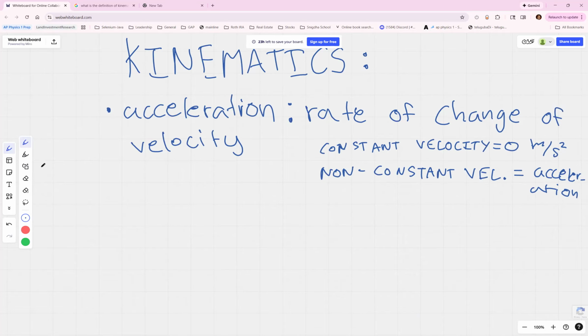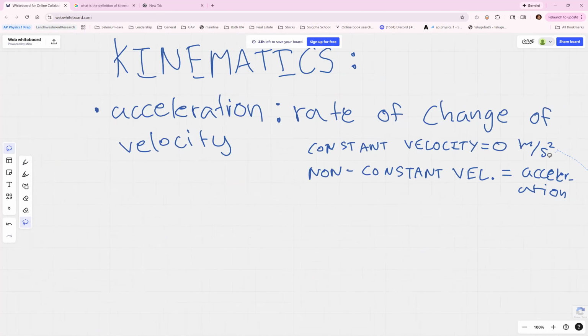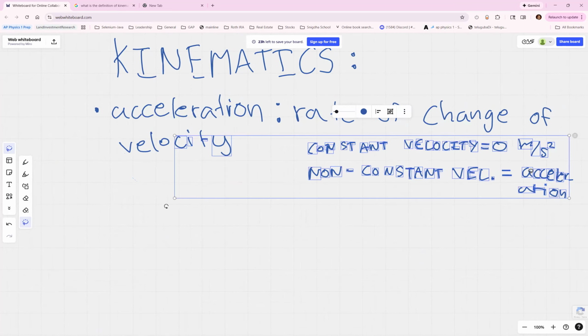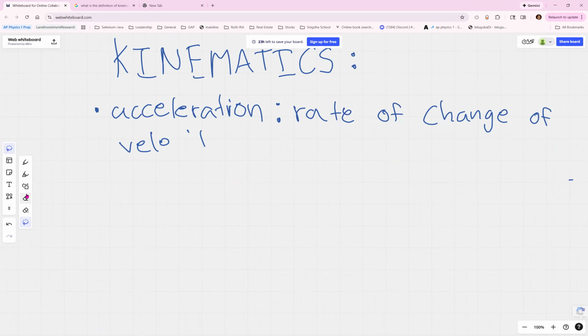Okay, so now let's explore the actual definition of the average acceleration that you can have in a situation. Just like how we wrote average velocity, average acceleration can also be written like this.